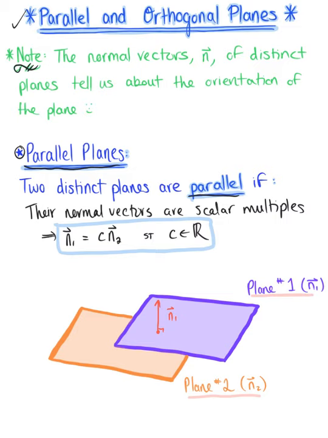Now, if we find that the normal vector of your second plane is a scalar multiple of this normal vector, then those planes are parallel. And so we can say in this case that n sub 2 is equal to some scalar multiple c of the normal vector n sub 1, therefore making these two planes parallel to each other.